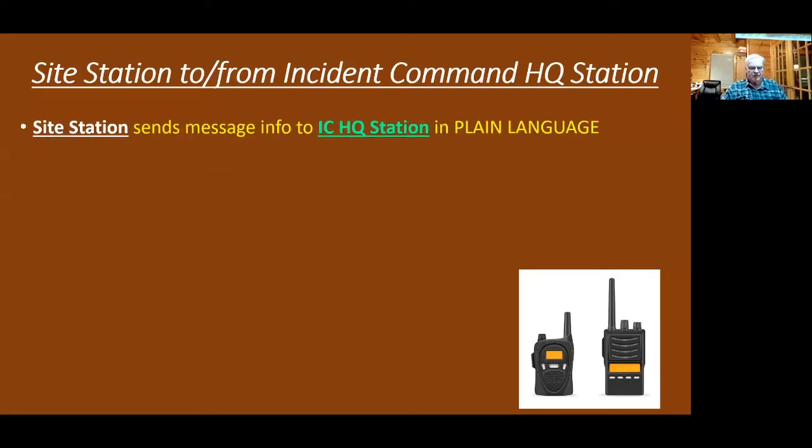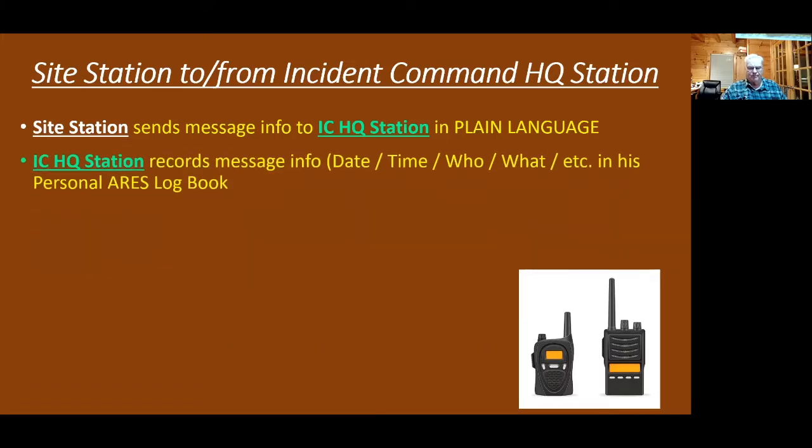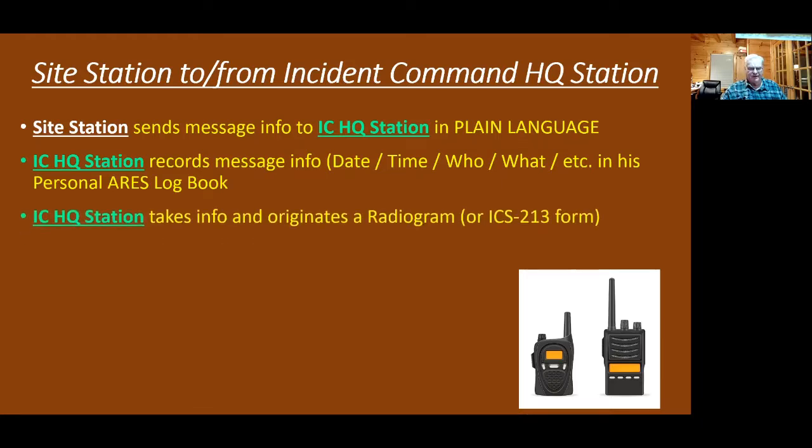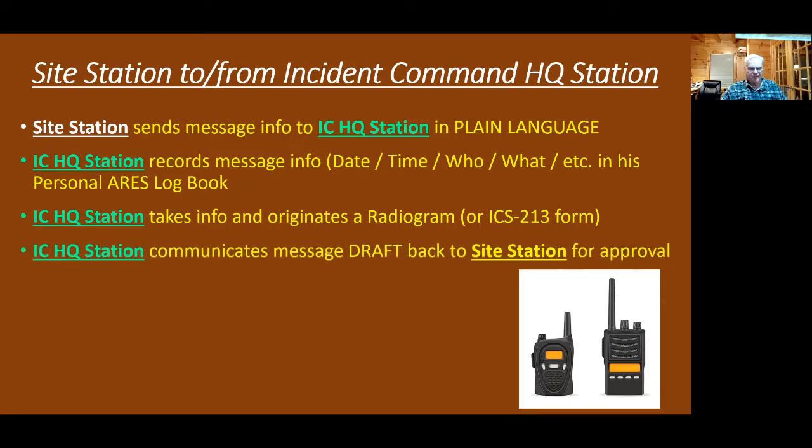On the site, message goes from Sergeant Bilko to the headquarters station. Headquarters station records everything in their personal logbook. Then the headquarters station originates a message and it communicates it back to Sergeant Bilko.